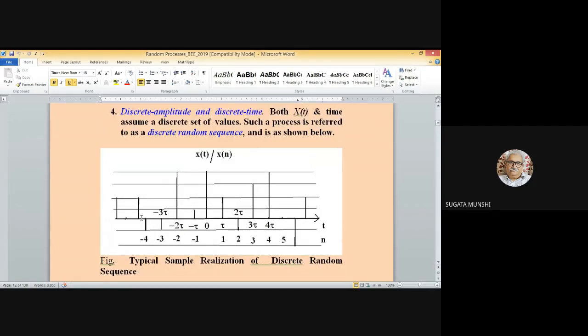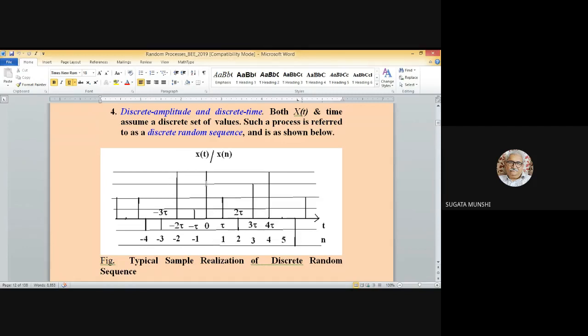We have quantization in time as well as quantization in amplitude. So the random process can take on values at these instants only: 0, plus minus tau, plus minus 2 tau, plus minus 3 tau, plus minus 4 tau, etc. Or if you treat it as a function of n, 0, plus minus 1, plus minus 2, plus minus 3, etc. So that is the case of time.